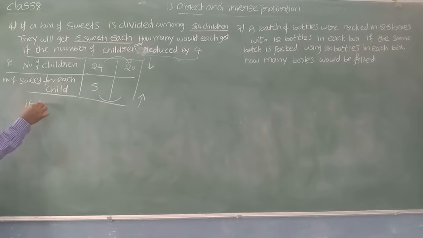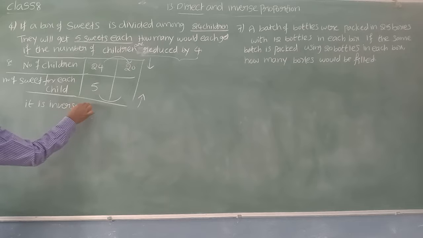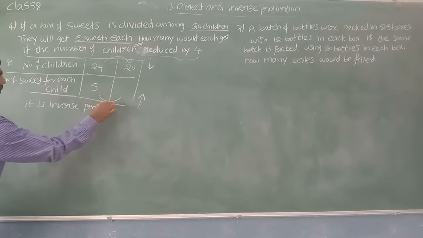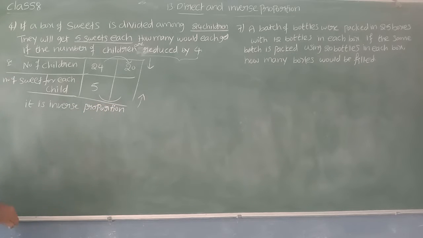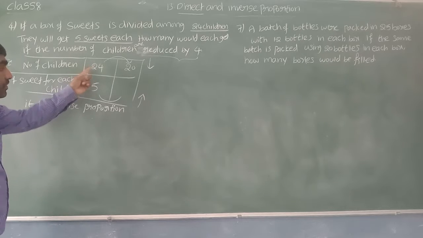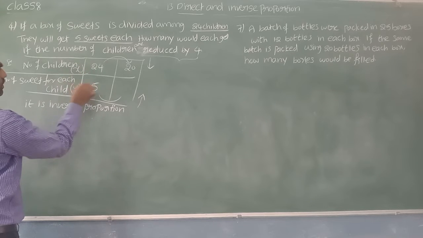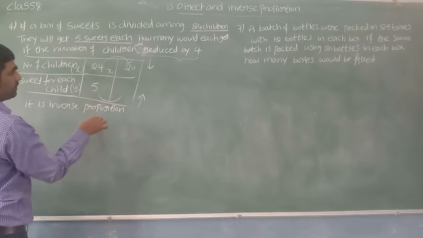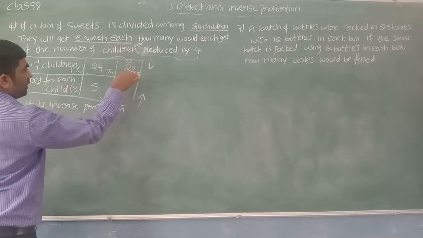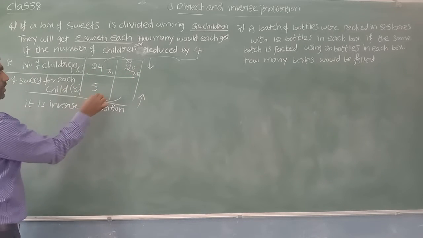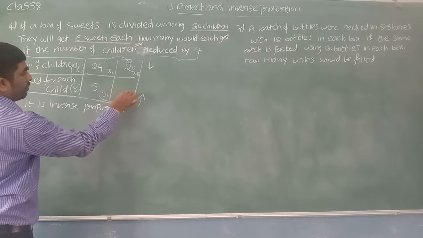When it is inverse proportion, the product of corresponding values gives the same constant. The first quantity I will take as x, the second quantity as y. The corresponding values of the first quantity are x1 and x2, and of the second quantity y1 and y2.